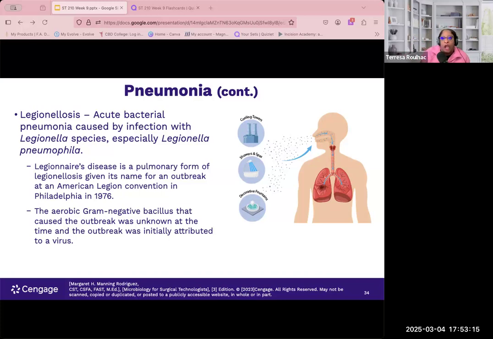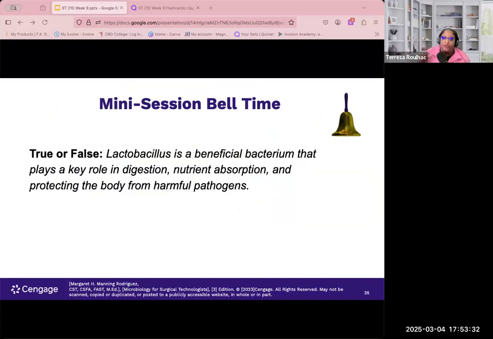Of course, we're not in there doing the plumbing, but we should have an idea, so that if something doesn't look right, we speak up. Okay. And this is going to help prevent the spread of bacteria in hospital environments. All right. So let's go back a little bit from the mini session.